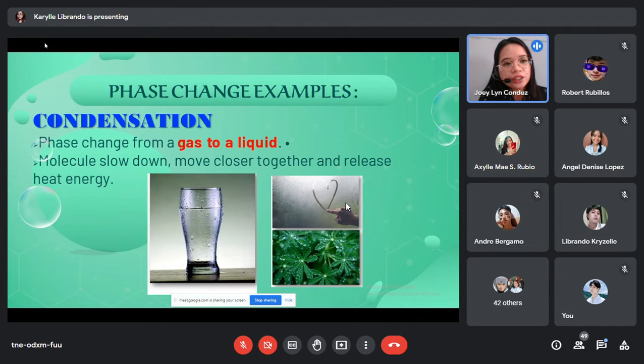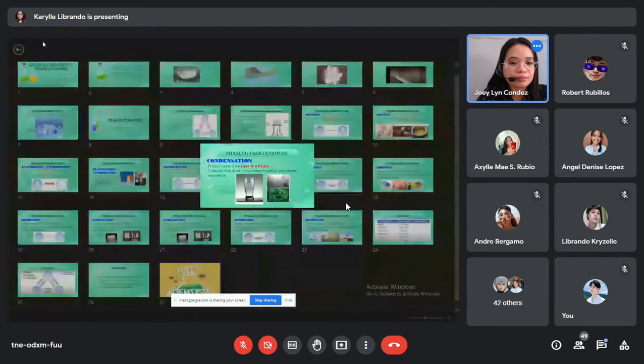Later on, you notice moisture on the outside of the glass, like water droplets or water drops. What's the science behind it? Or how will you explain it? STEM students.